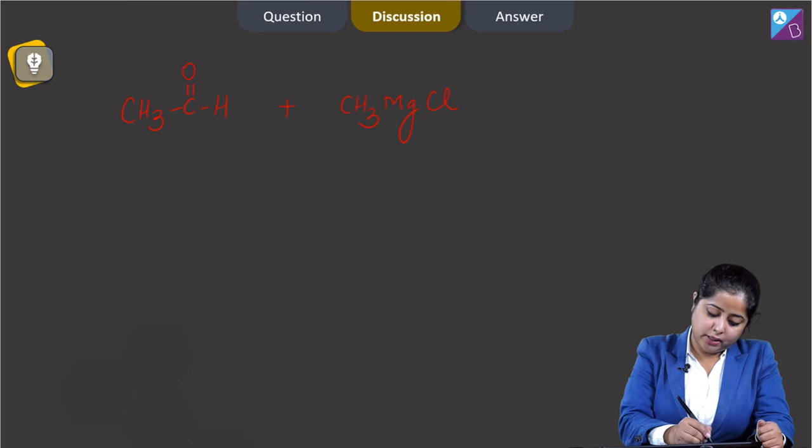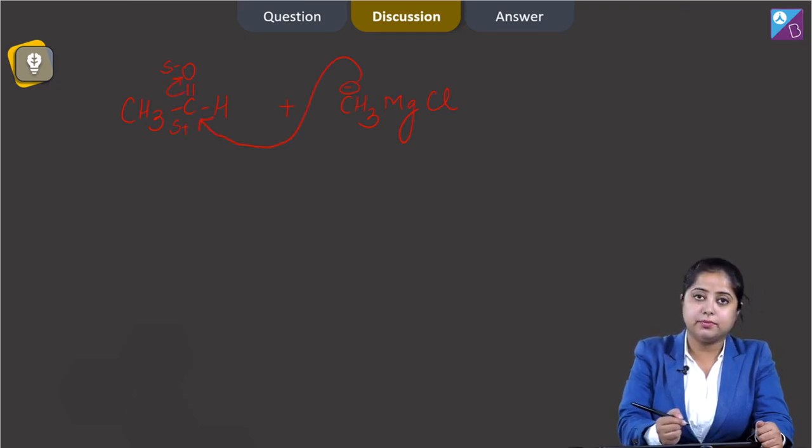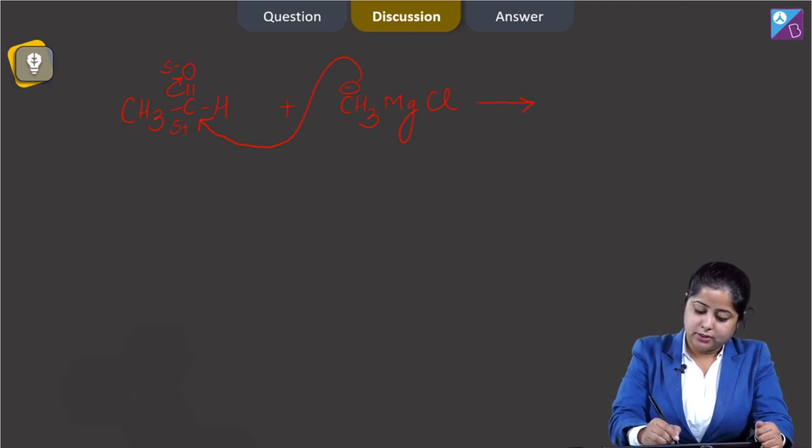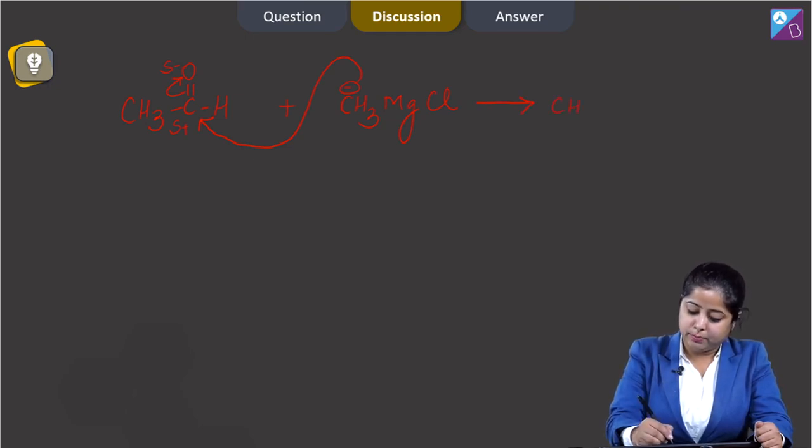Now student, we know that this carbonyl carbon has a partial positive charge and here there is a partial negative charge. This methyl anion will attack this carbonyl carbon and this pi bond will shift towards oxygen. As a result, the compound so formed will be CH3CH(CH3)O-, with Mg+Cl.